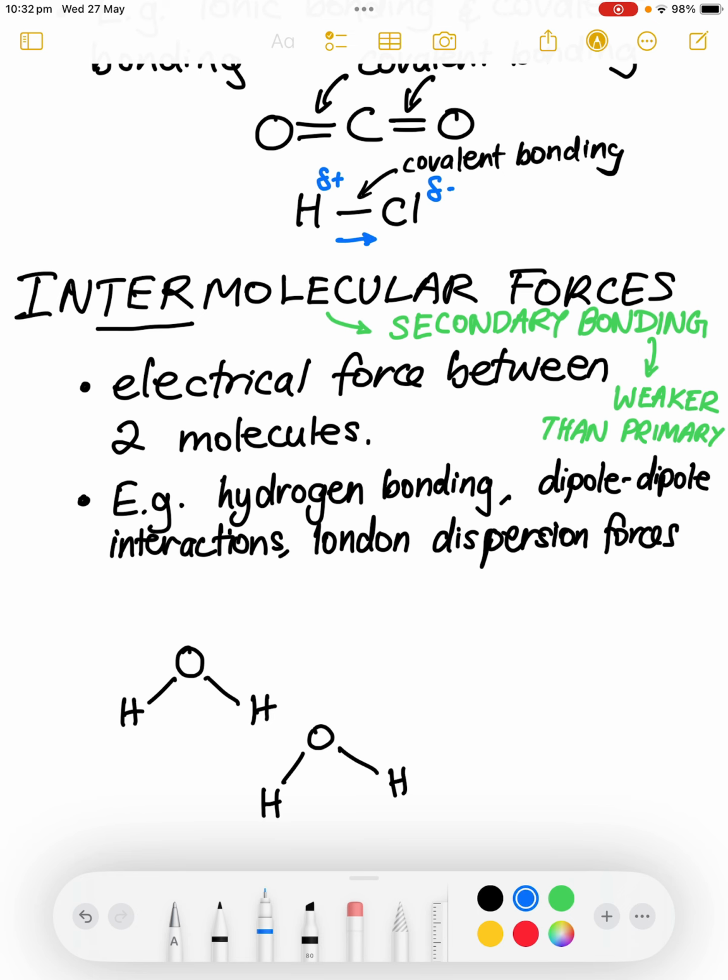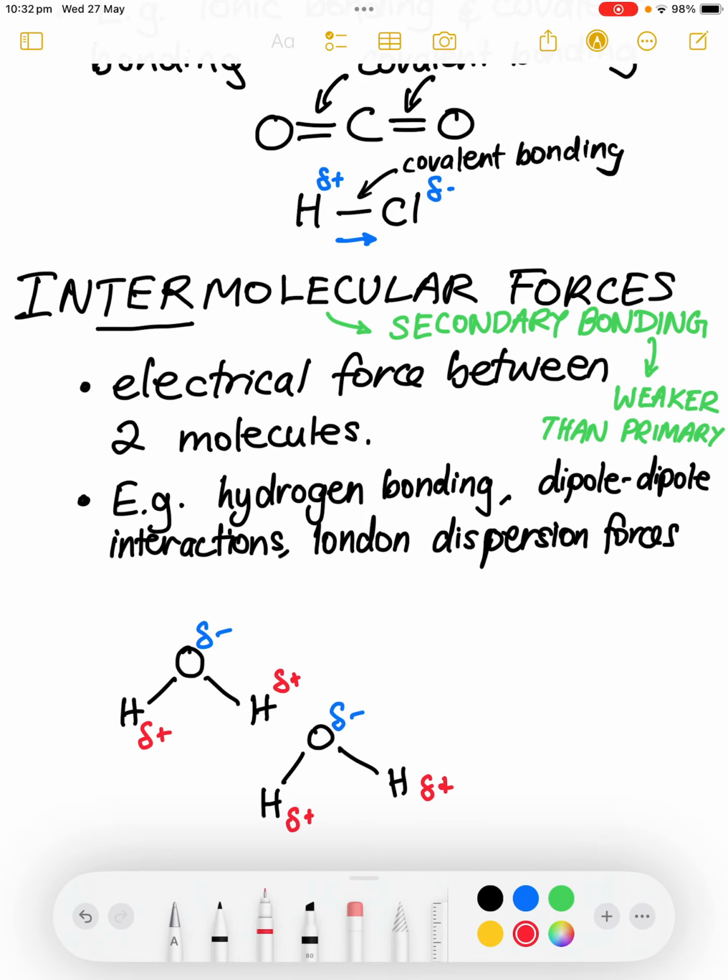Now what I've got to draw in next is our dipoles. So this would be delta negative. This too would be delta negative. Whereas this here would be delta positive. And this too would be delta positive. Likewise with this here.